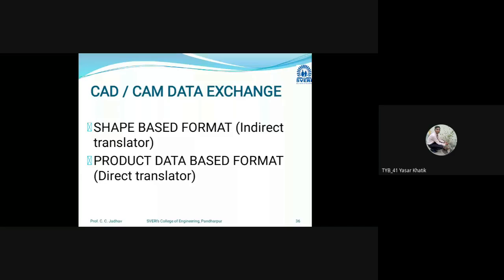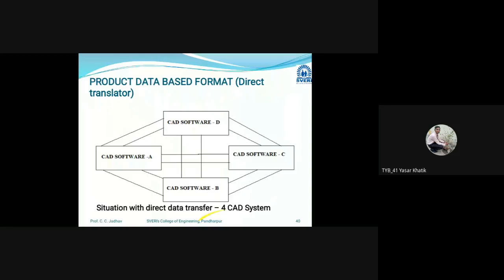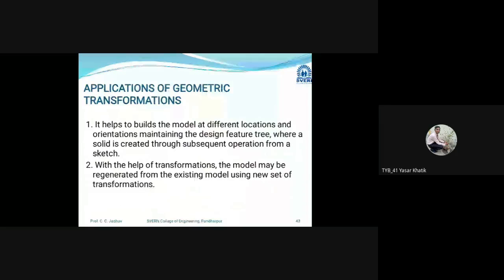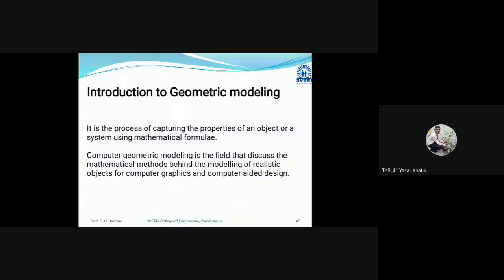We exchange data with the help of the direct translator and indirect translator. We have seen the advantages of the two types of CAD exchange. Then what are the applications of these geometric transformations, then advantages, and some objective questions from this third part.